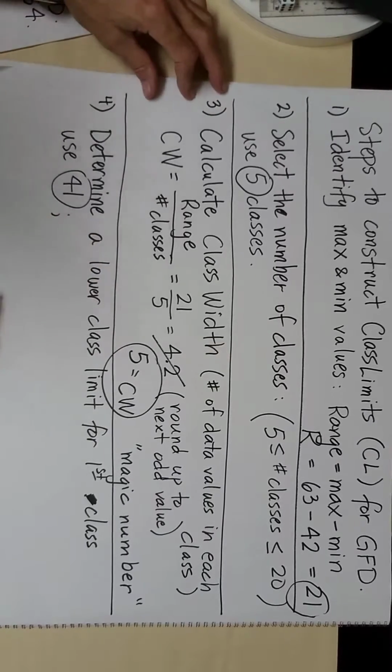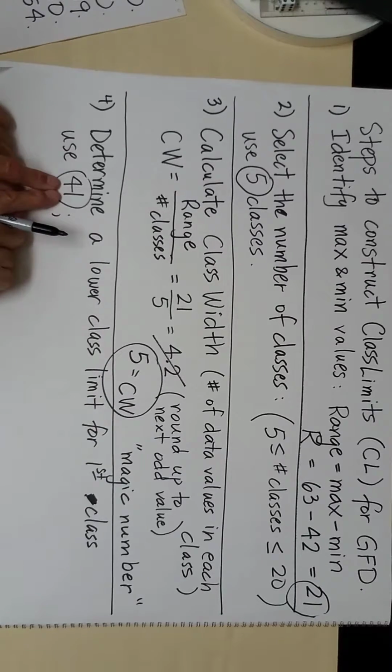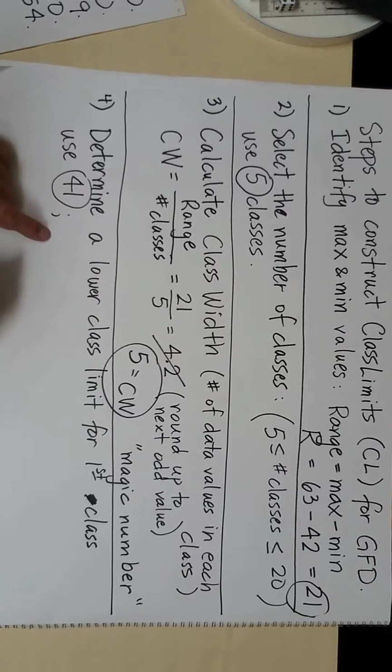Now, once you've decided on the lower class limit for the first class of 41, you need to decide what the lower class limits will be for the remaining classes.